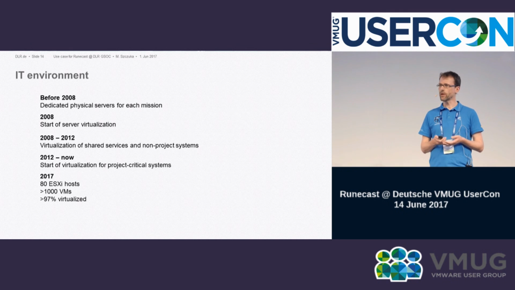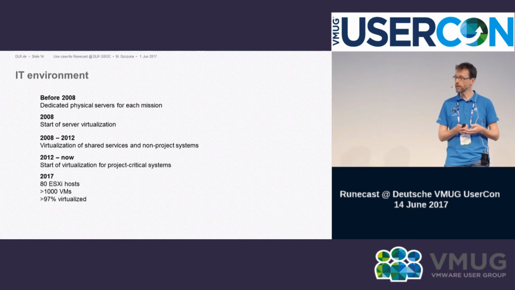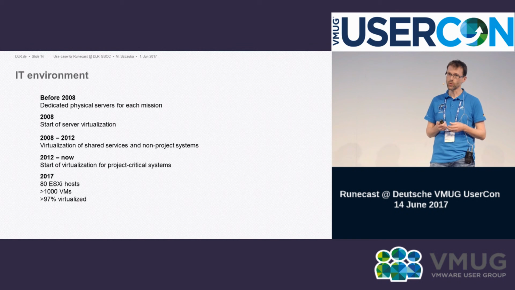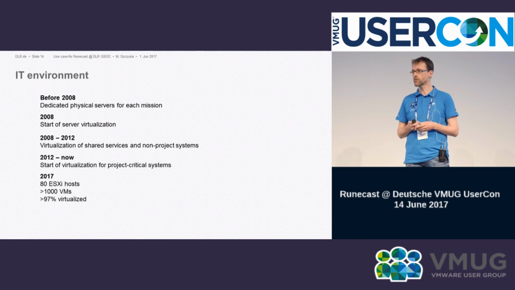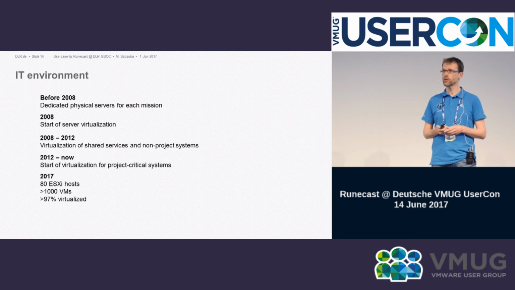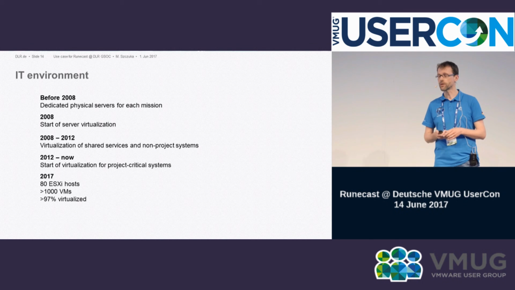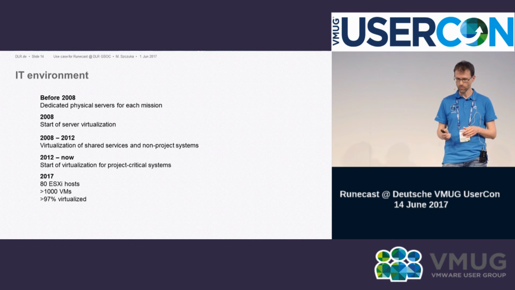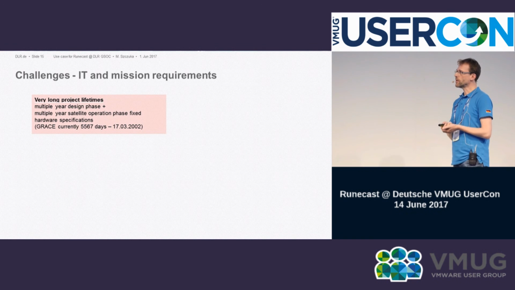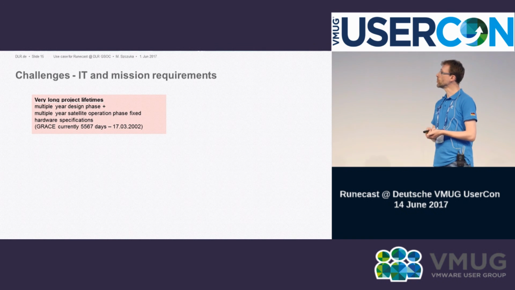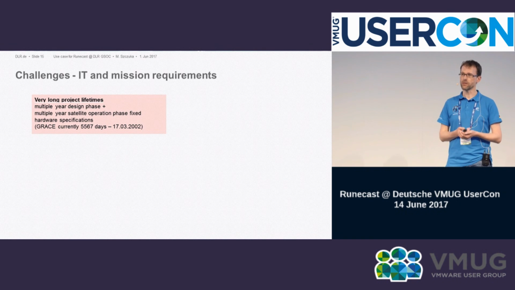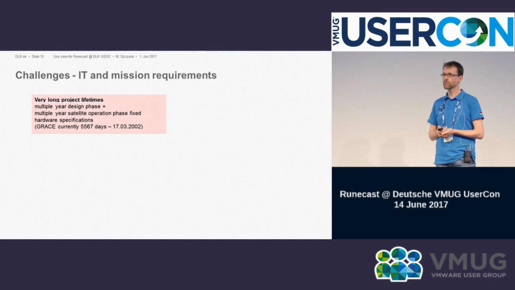The current state of affairs is that we have about 80 ESXi hosts with north of 1,000 VMs, with a virtualization ratio of above 97%. What are the specific challenges that we in the space industry are facing?